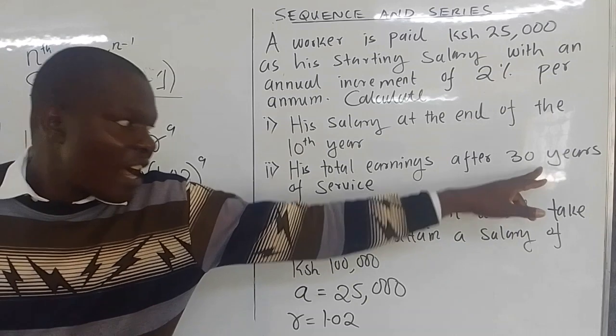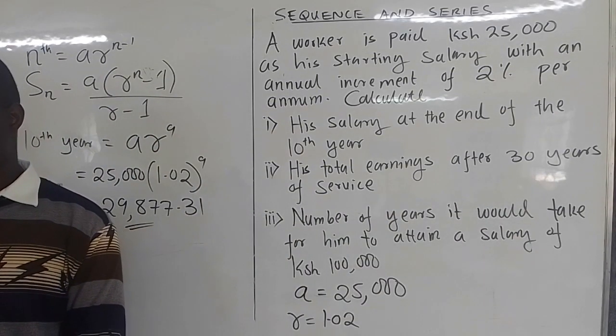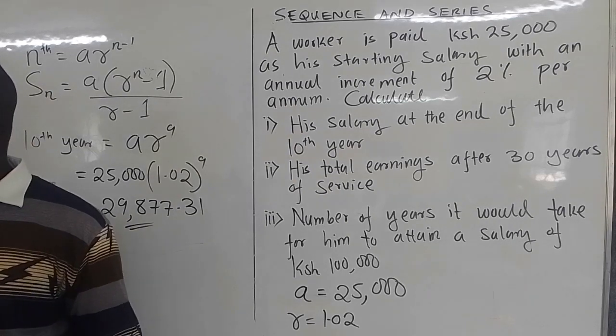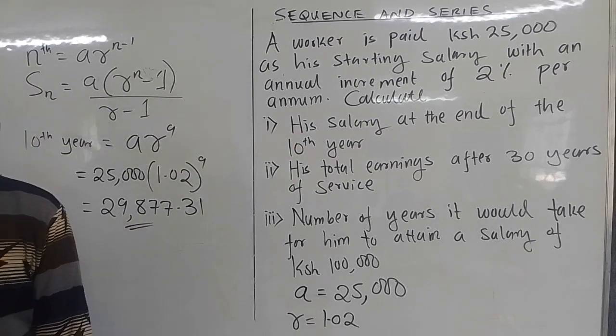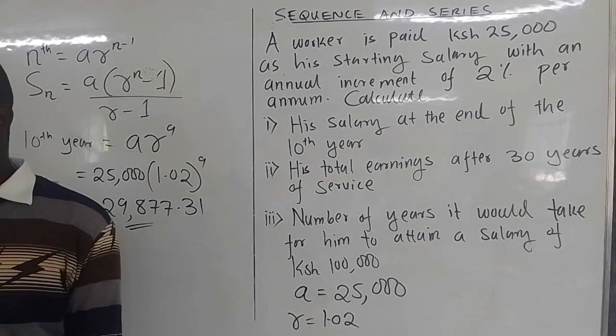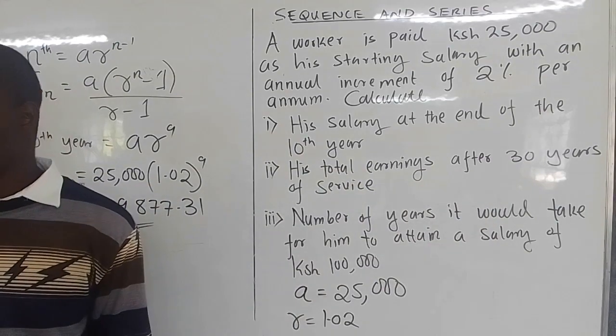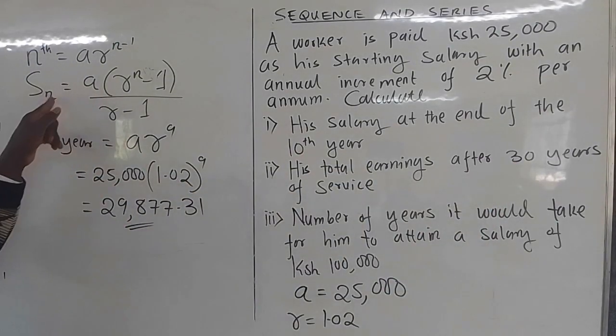So can you get me the second part? His total earnings after 30 years of service, isn't it? So after 30 years of service, N is just 30, because after the first year is when you get the first term, isn't it? Are we together? So that is the sum of 30 years. Where there is N, you put 30.